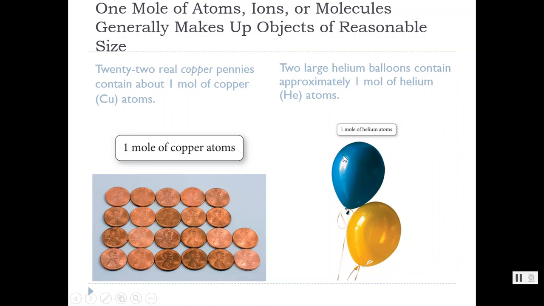If I was to get some helium balloons for a party, the amount of helium atoms in both of those balloons would equal 6.02 times 10 to the 23rd. So 2 large helium balloons contain approximately 1 mole of helium atoms. So it's a huge number, but it's a reasonable number for chemists to use because that number makes up objects of reasonable size, things that we can easily work with, manipulate in the lab.